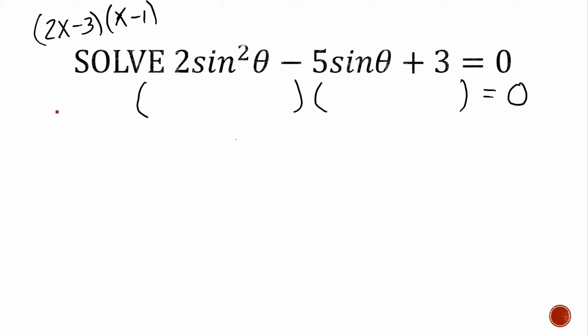All right, so now I'm going to have 2 sine theta minus 3 and sine theta minus 1. So all I'm doing is putting the sines back in place of the x's. All right, so once we have that factored, then we're going to, again, set each one equal to 0.